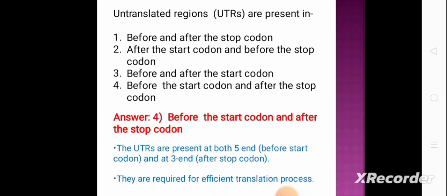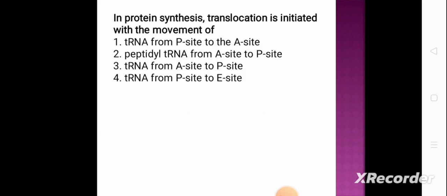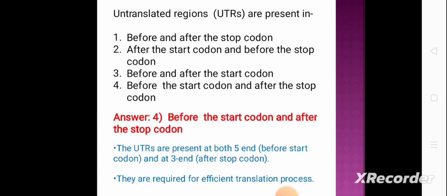They are required for efficient translation process. So how can you remember that the untranslated regions are present before the start codon and after the stop codon? Before the start, the translation process does not continue, and after the stop, the translation process is ended.